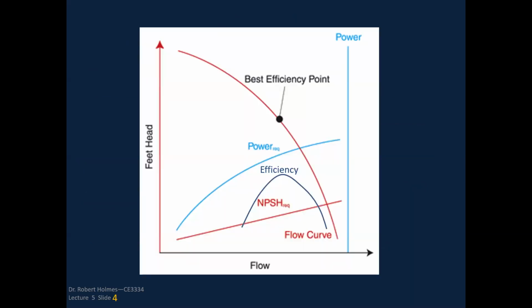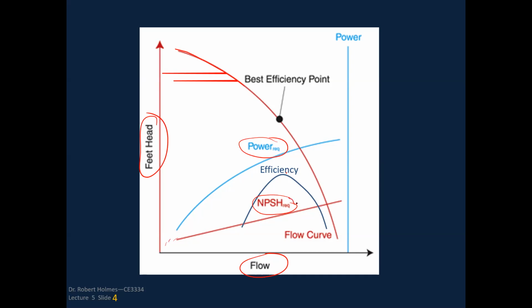So again, this is the graph here of pump head versus the flow. This is the pump head characteristic curve here in red. And then you've got your power curve, an efficiency curve, and the net positive suction head required curve. These are some things we haven't talked about. We've talked about efficiency, and we've talked about the pump head curve. The power required curve is also often supplied by the pump manufacturer.